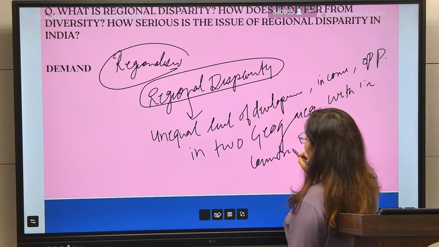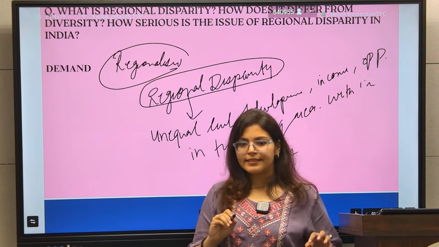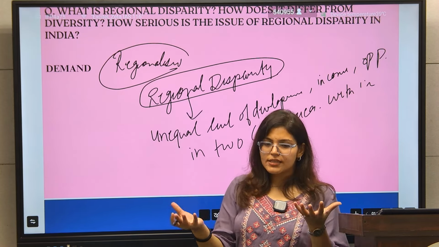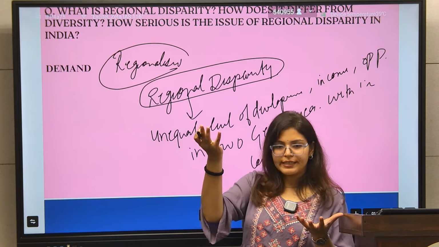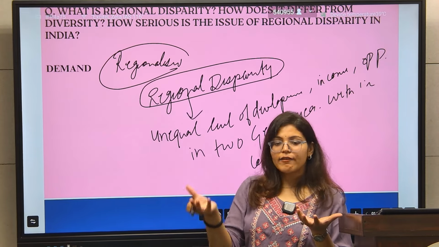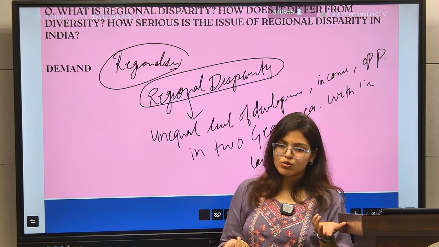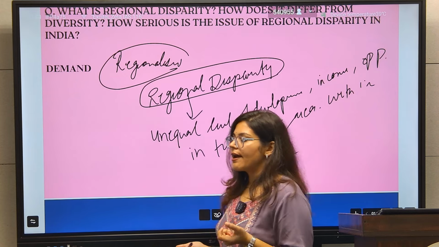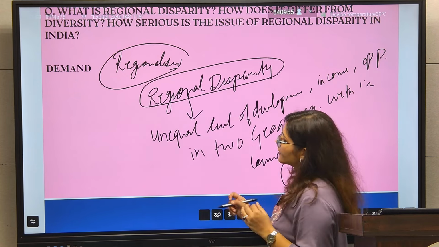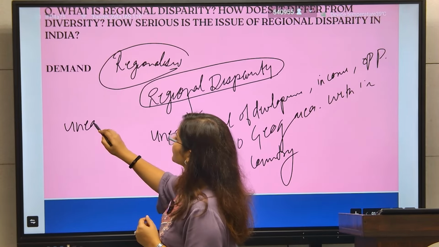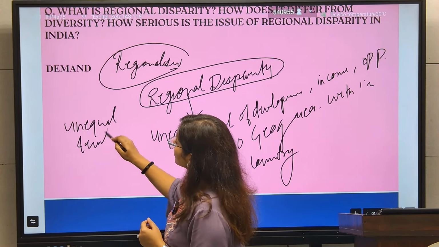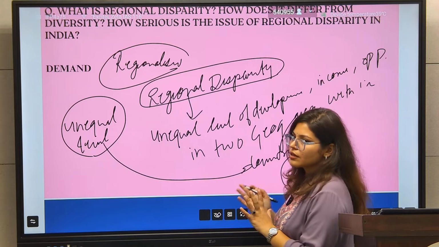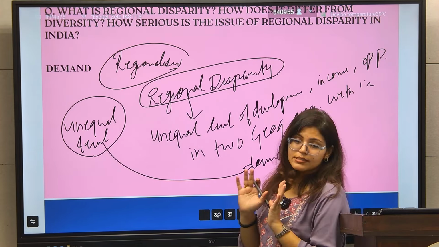This is known as regional disparity: when there are two geographical areas, one is very developed, one is less developed, one has more sources of income, the second has less, or one has many opportunities but the other has fewer, making an unequal level, which results in economic disparity.